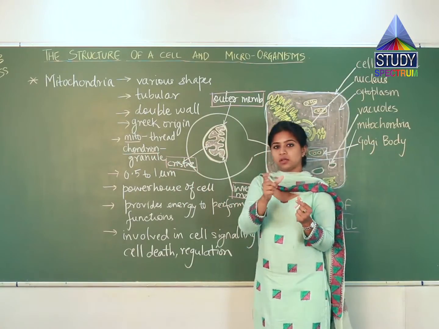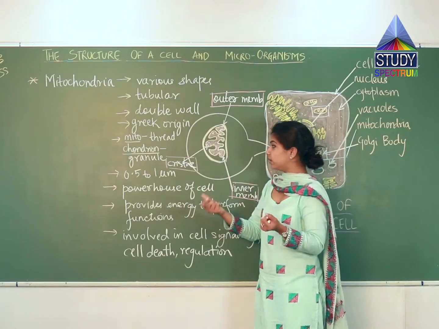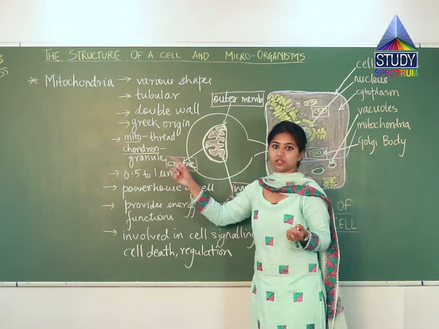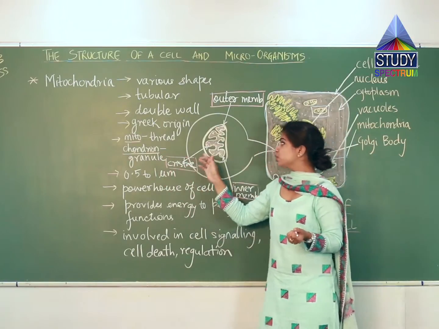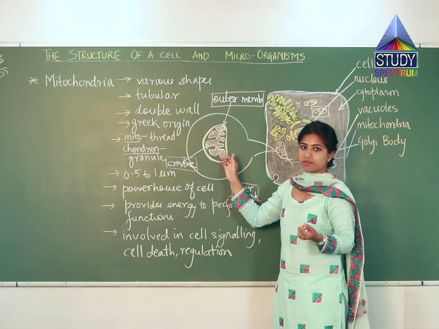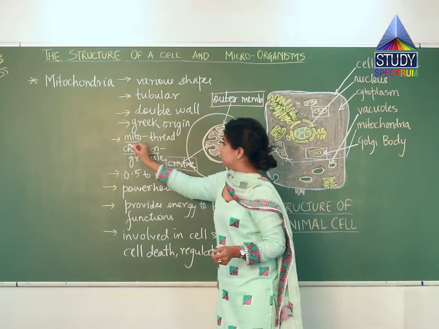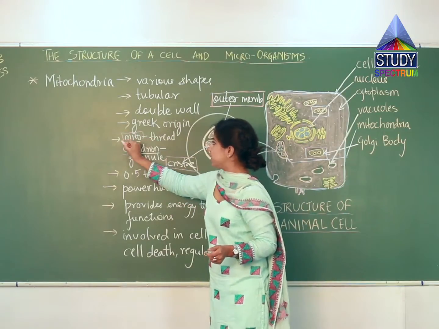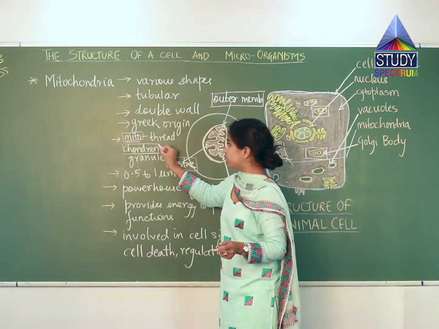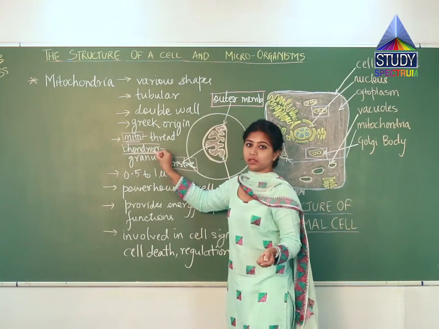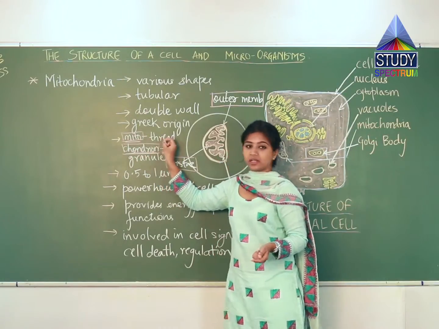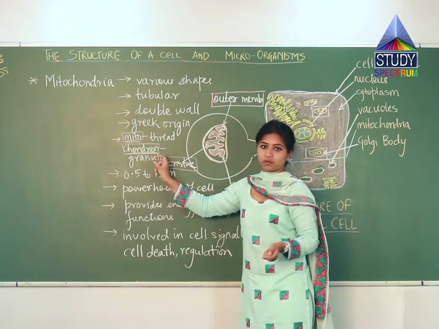So it's a small thread-like structure that is granular in shape and texture. So it is precisely very clear over here with the shape too. So mitochondria is made up of two words from the Greek origin, that is mito and chondrion. Mito means thread-like structure, chondrion means it's granular.